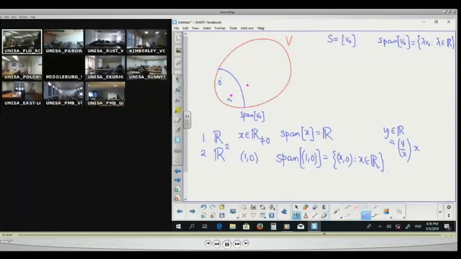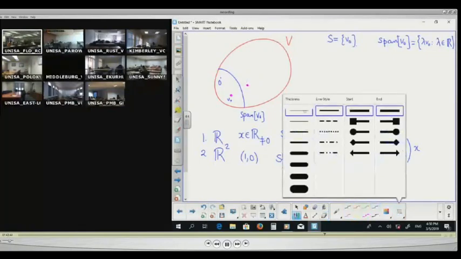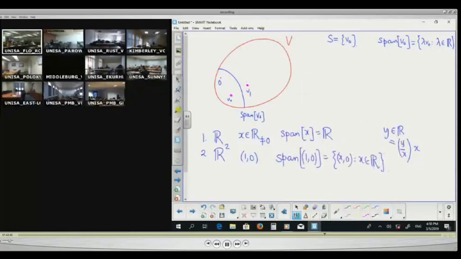So I can have my next set, say S1, which is V0, V1. I can look into span of S1. What is it? It is all possible linear combinations of V0 and V1 along with 0, obviously. Okay? Alright?